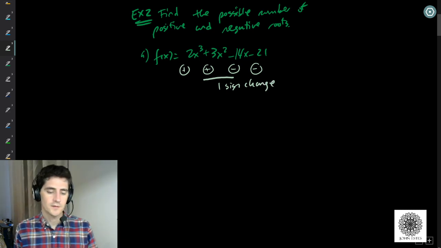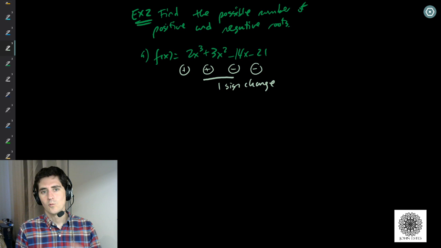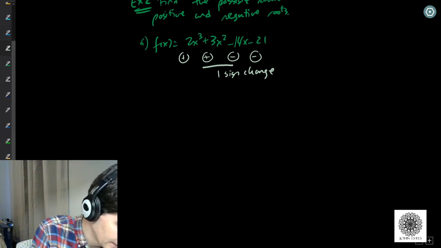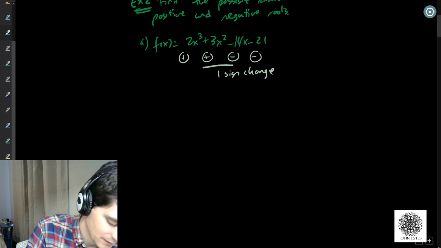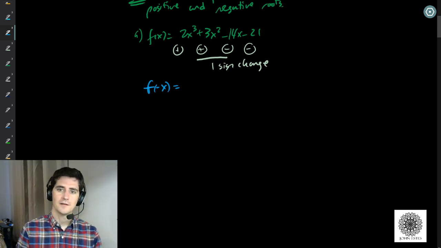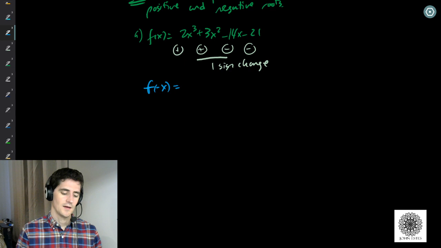Okay, this tells me then that I'm only going to have one positive root. All right, now we'll write that up in a second. We'll summarize. Let's plug in negative x. Now, remember, if I square negative x, negative x times negative x is positive x. In fact, negative x for any even power is just going to be positive x.